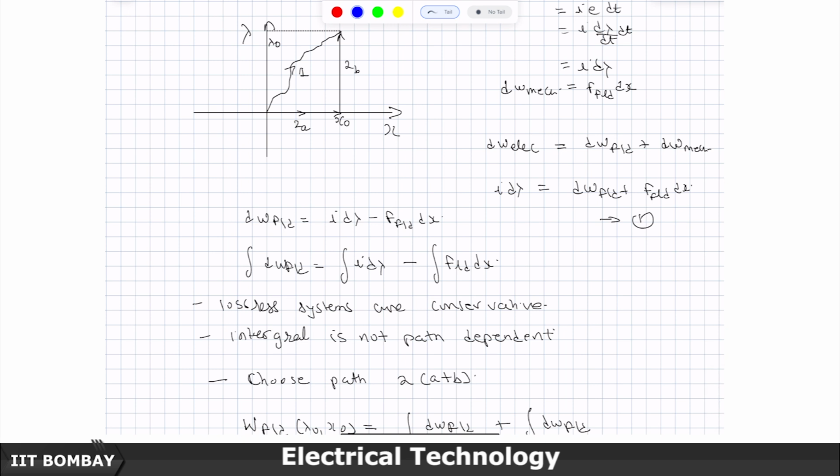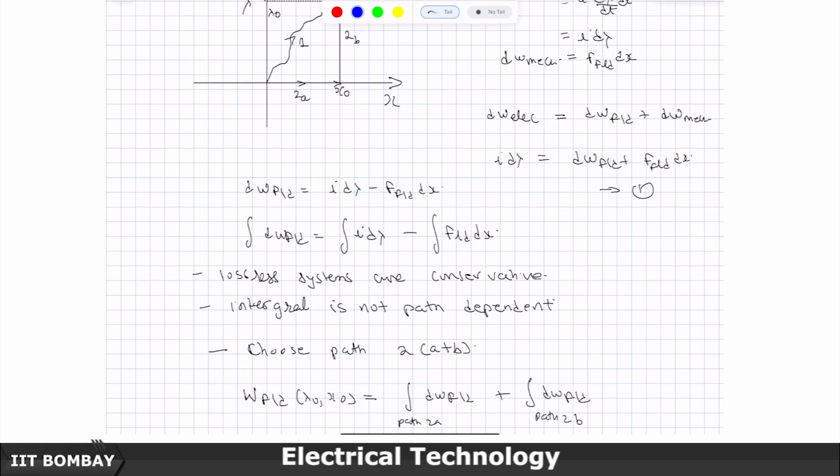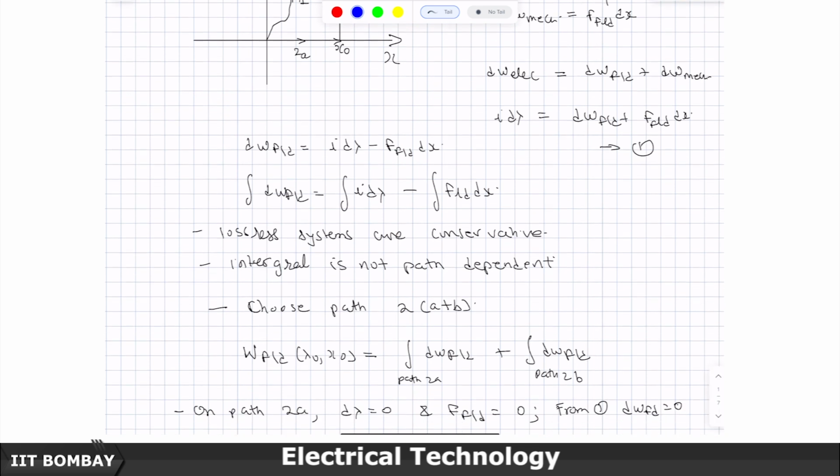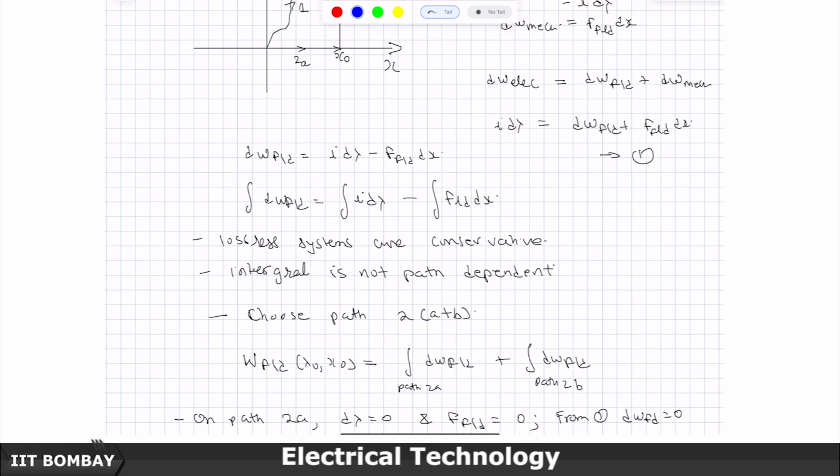Or in other words, the field energy is the difference of the work done: the electrical input minus the mechanical work done. The electrical energy input from the source minus the mechanical work done is equal to basically the energy which is stored in the field, and I am taking this as a lossless system. So, I will come to that.